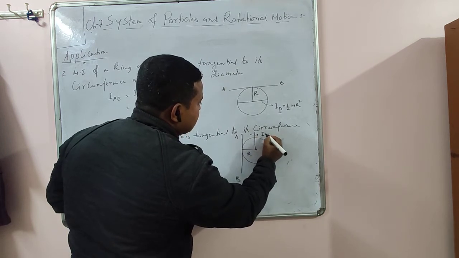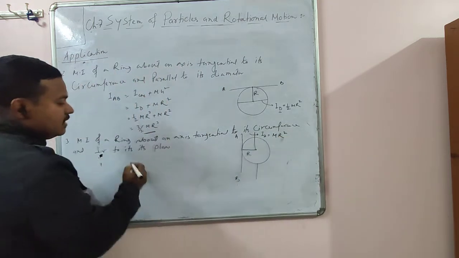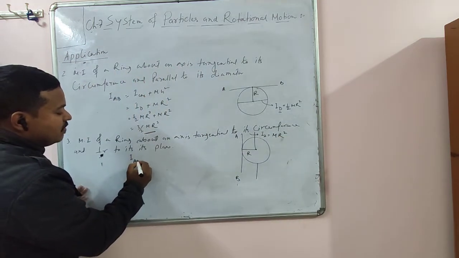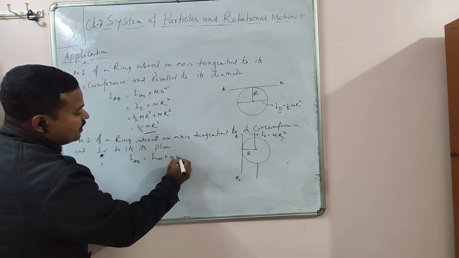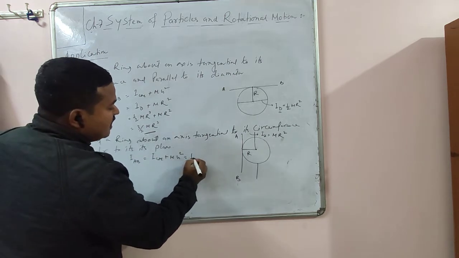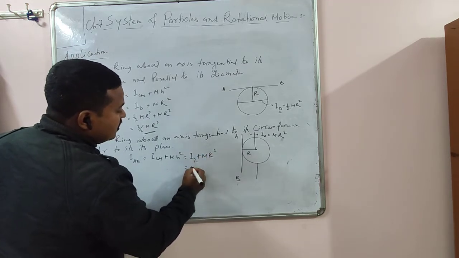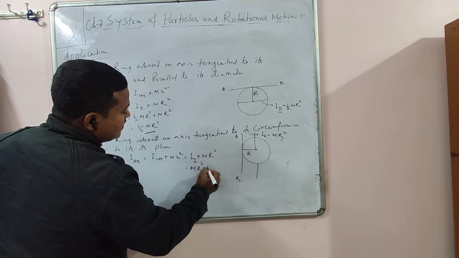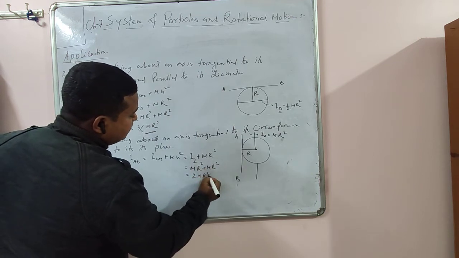That, you know, I_Z I have already given you for ring. It is MR square. So here the formula is what? I_AB is equal to I_CM plus Mh square. So here I_CM means what? I_Z, h means here R. So I_Z MR square plus MR square, that is 2MR square.